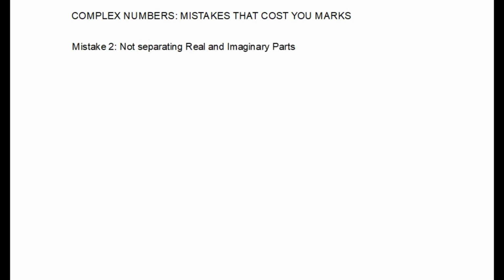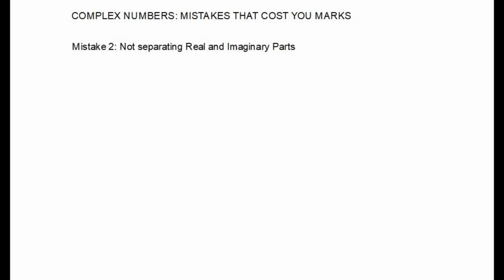The second mistake that students make is not separating real and imaginary parts. Now, many of our answers depend on us being able to identify the real and imaginary parts of a complex number. So let me give you an example.